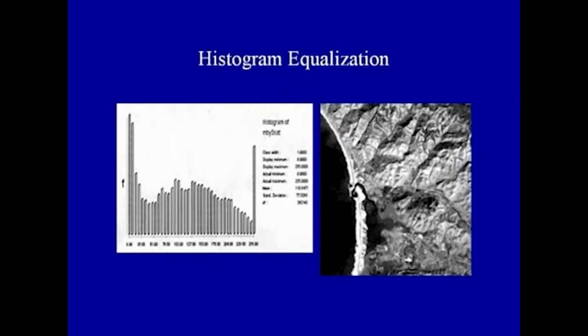This particular slide shows the beach area, and what we find here is that in this image there is a slight over brightening of the sandy portions in comparison to minimum-maximum stretch and percentile stretching.